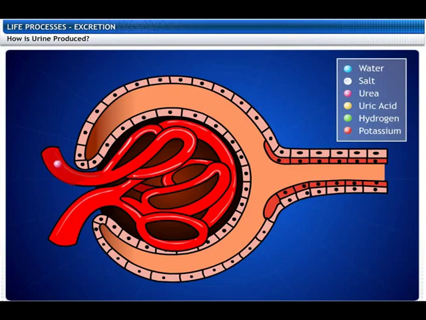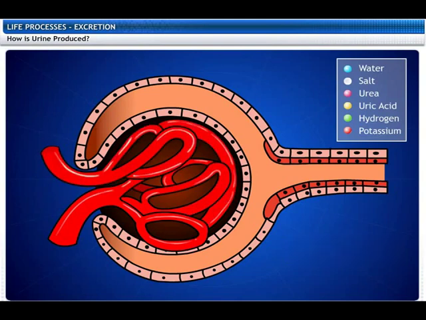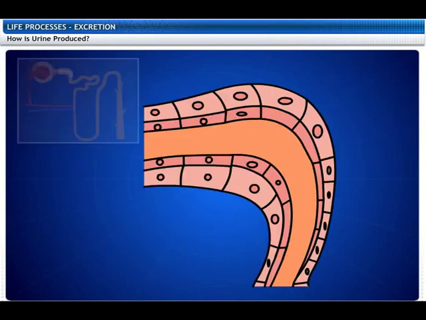Nephrons filter minerals, wastes, and water but retain red cells, proteins, and large molecules. This process is known as ultrafiltration. The filtered blood is returned to the body through the veins.